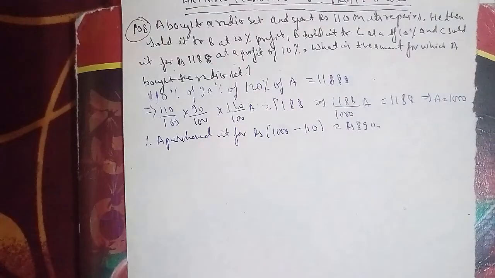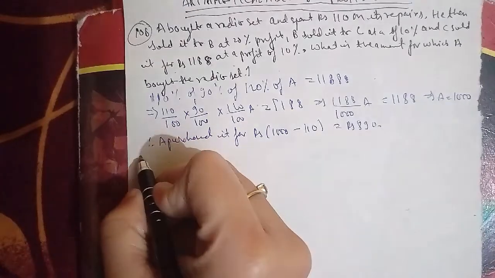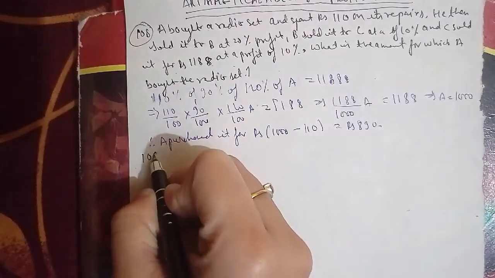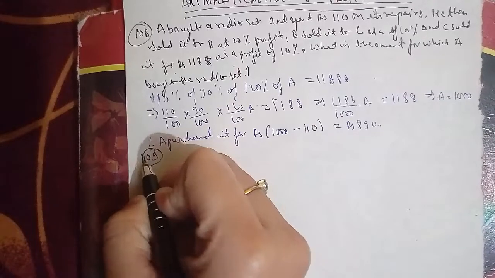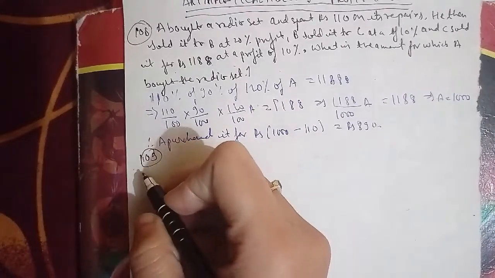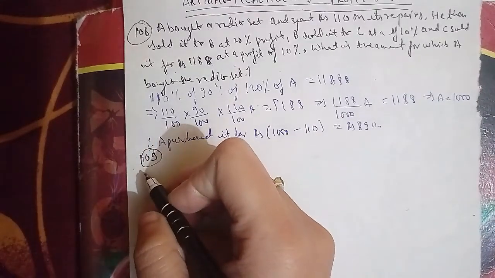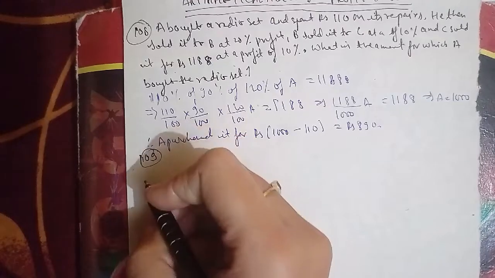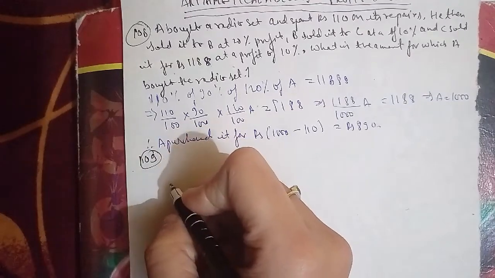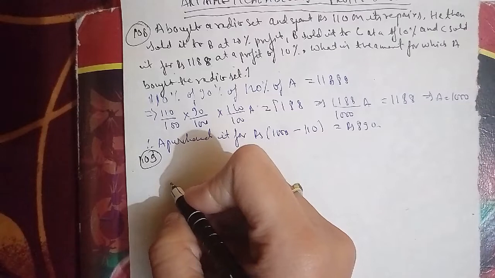Now we go ahead for the next question, which is an important one. The question is the 109th question of the session. A house worth rupees 1,50,000 is sold by X to Y at 5% profit.